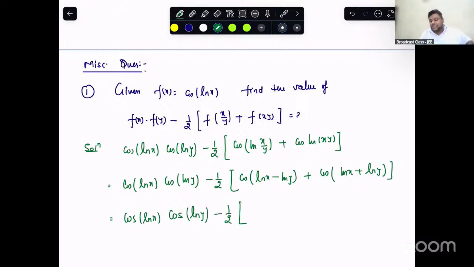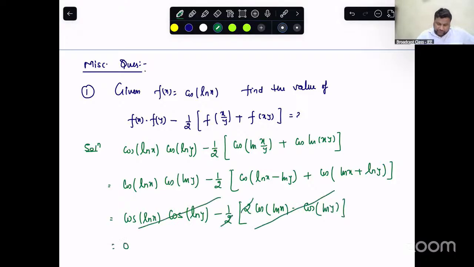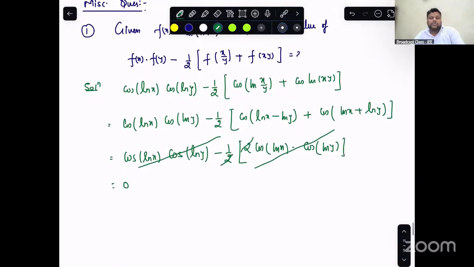Now apply cos C plus cos D here. So the formula is 2 cos of (C plus D) upon 2, which means ln x, into cos of (C minus D) upon 2, that would be ln y. Now this half and 2 cancel, the remaining entire term also cancels. So you get it 0. So this value goes 0.